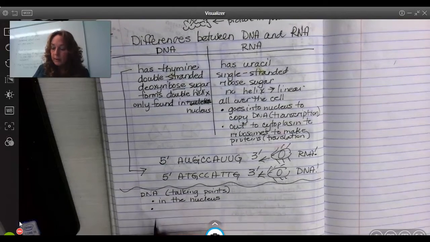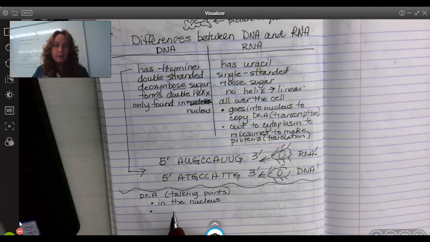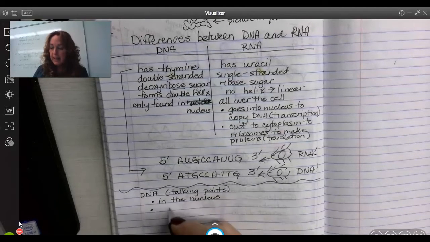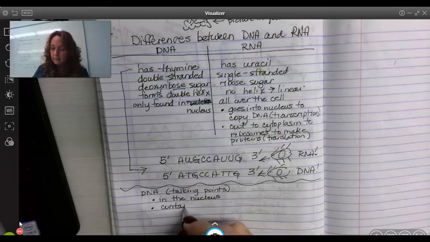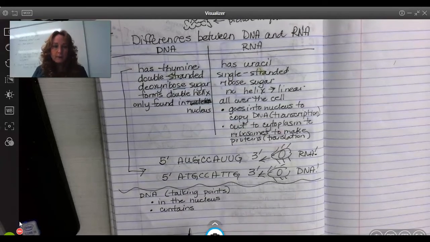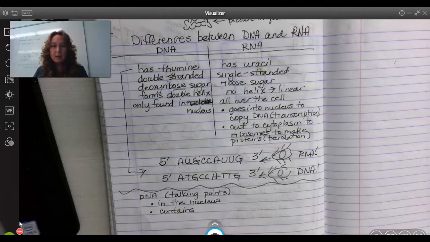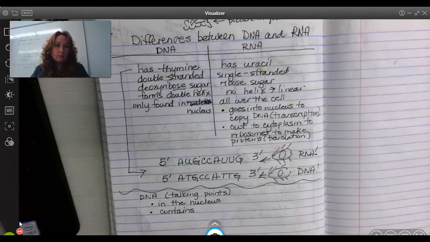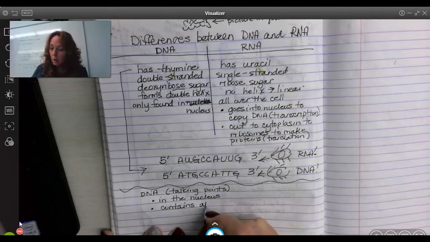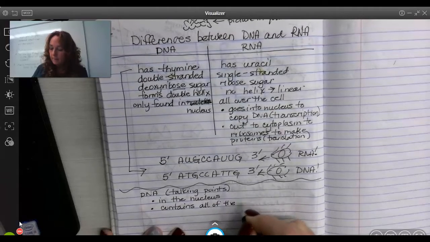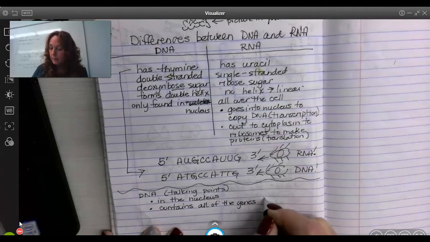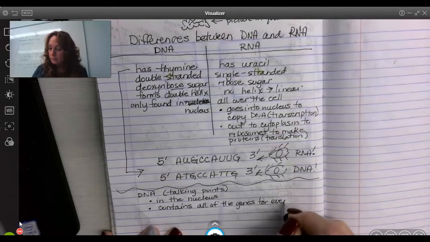I would want to let the person know that DNA contains all the information for every cell in the body. So your liver cell has the entire book of you. A skin cell actually has directions for how to make a liver cell. They're just turned off. So it contains all of the genes for every cell in the body.